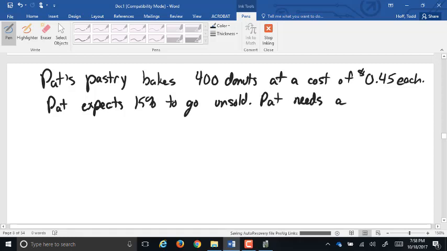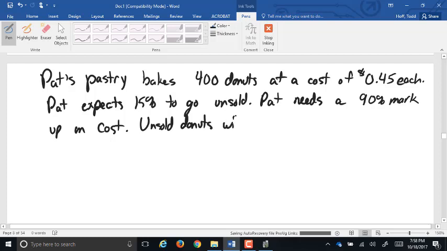Pat needs a 90% markup on cost. Unsold donuts will be sold for 10 cents each as day old.